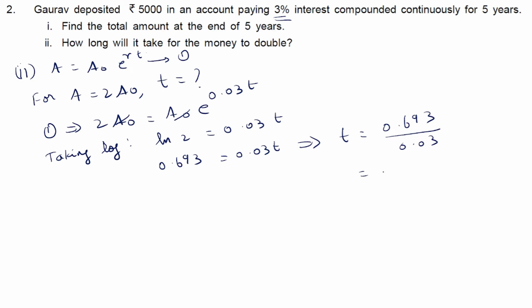So this is 69.3 divided by 3. So it is 23.1 years. So it will take 23.1 years for this rupees 5,000 to double, that is to become 10,000, if the rate of interest is 3%.